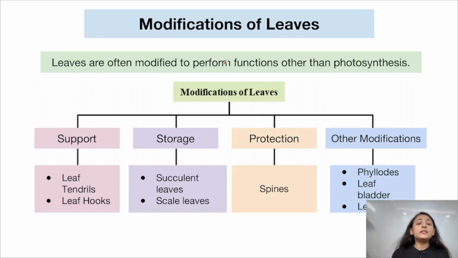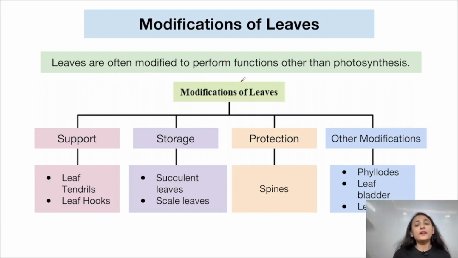These things are known as the modifications in them. Okay, whenever the parts of the plant, leaving their general function, specialize in order to perform some other function and not that function which they were supposed to do, we say that they have modified themselves to perform these specialized or these different functions.